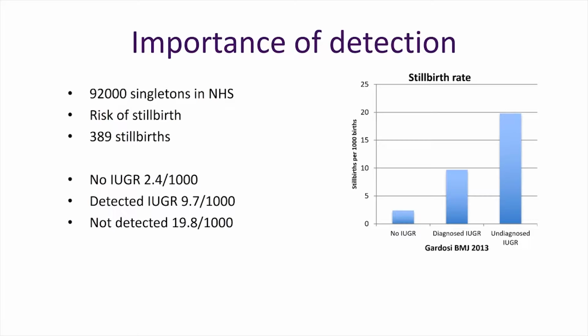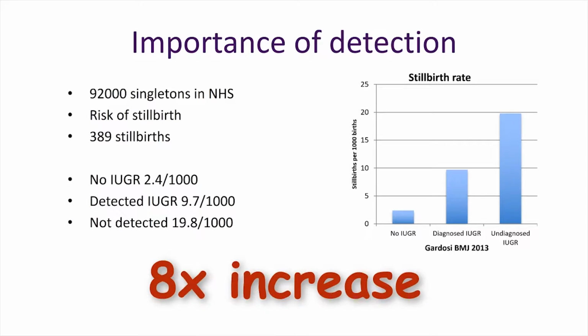And what they showed, and you can see it on the graph here, is that in normally grown fetuses, the risk of stillbirth was 2.4 per 1,000. When there was growth restriction that was detected antenatally, the risk of stillbirth was 9.7 per 1,000. And when there was intrauterine growth restriction that was not detected, the risk of stillbirth was 19.8 per 1,000.